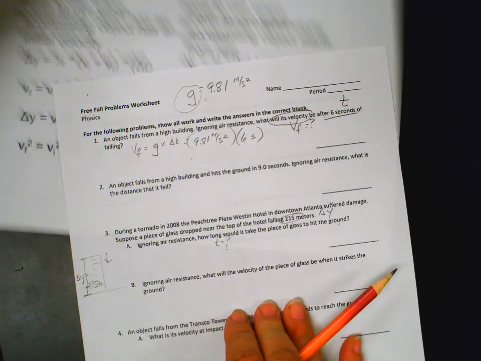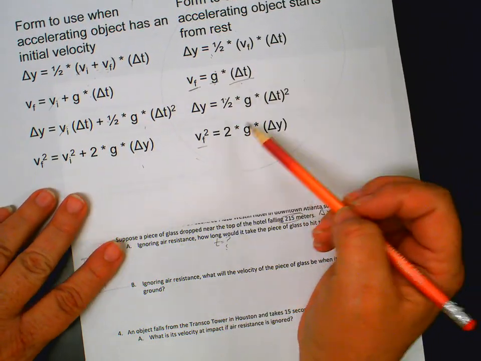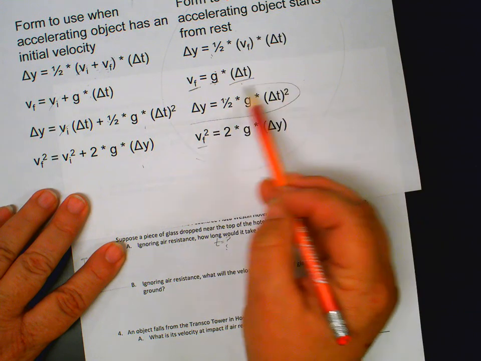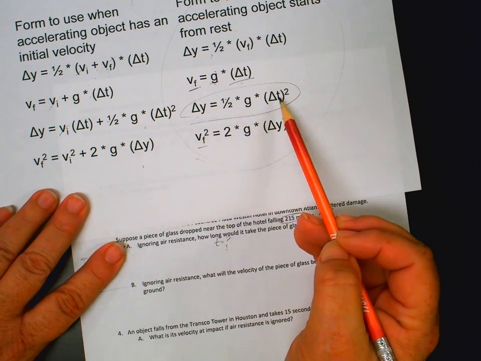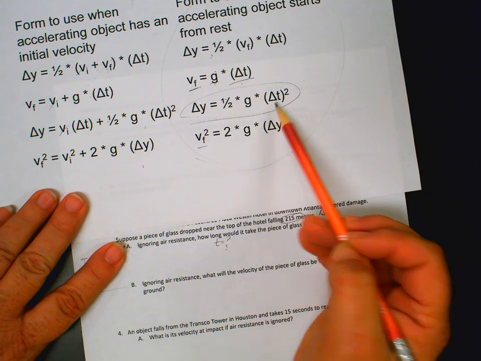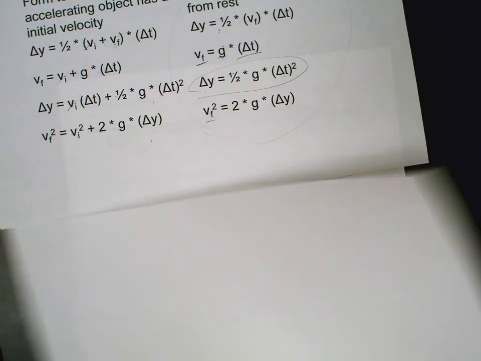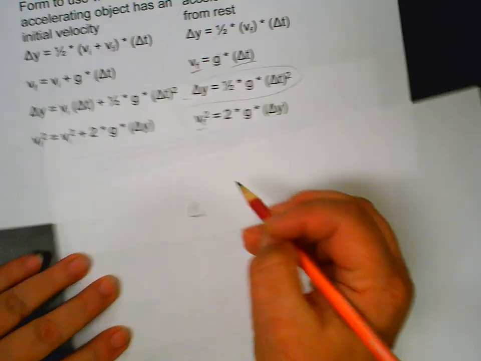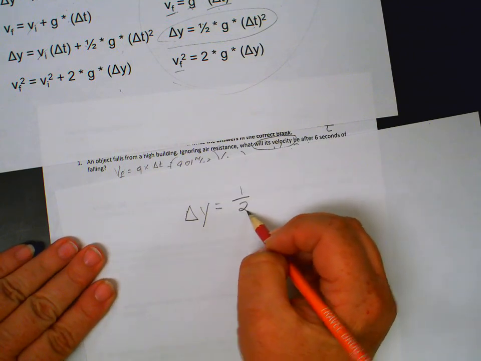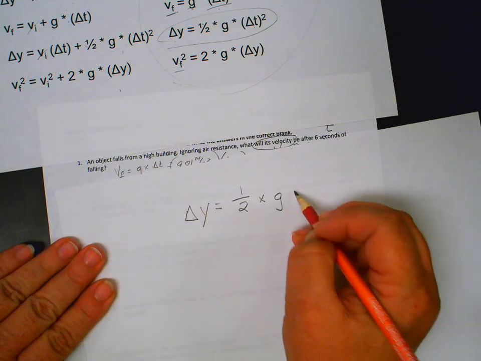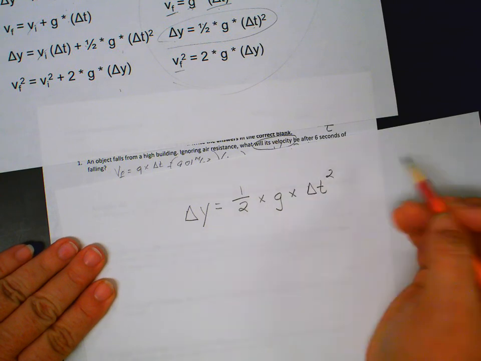So which one of these equations? Here we have this equation. We know delta Y, we know G, and we're looking for T. To rearrange this equation, delta Y equals 1/2 times G times time squared.